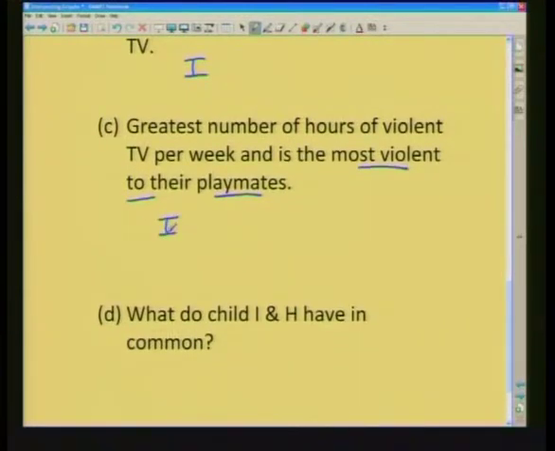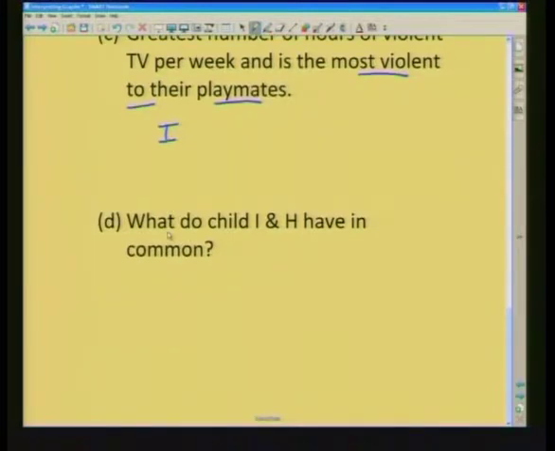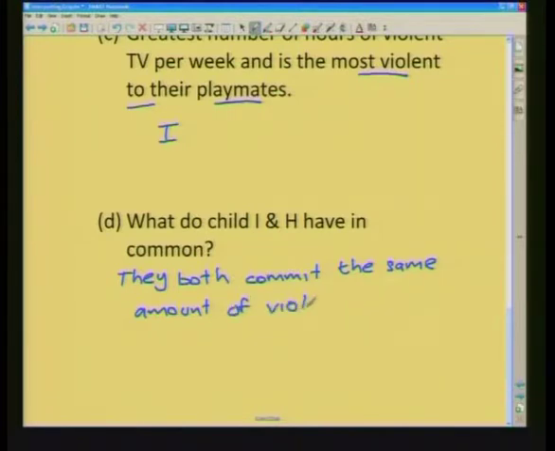Part D would like to know, what do child I and H have in common? We in fact don't have to go back up there because I've already answered it. They both were at exactly the same point on the y-axis, so they both commit the same amount of violent acts towards their playmates.